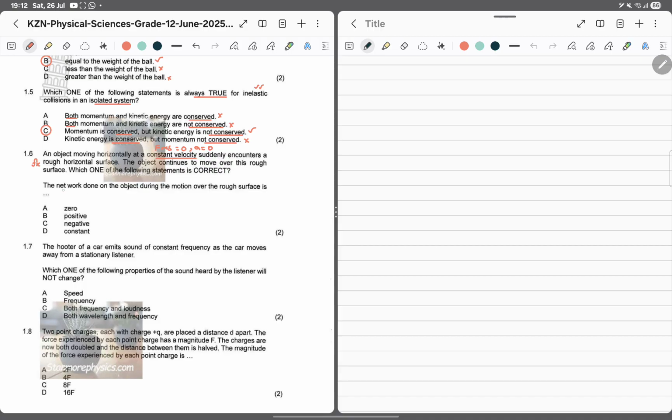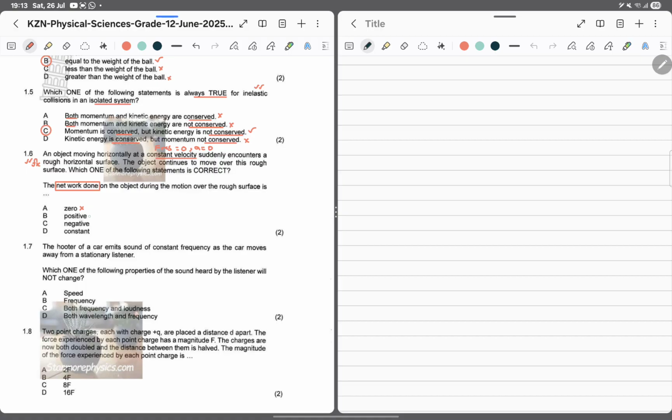The net work done. Now we know that net work done is done by the resultant force. But now what is our resultant force? Initially we had 0. Now when we had kinetic friction, it becomes the resultant force. Okay, the net work done on the object during the motion over the rough surface is certainly not 0 because it's done by an existing force in this case.